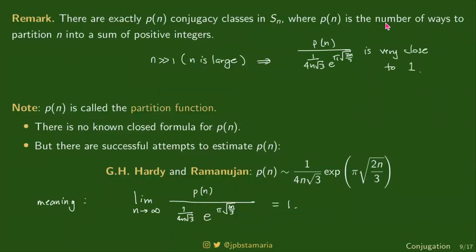Yan yung ibig sabihin ng notation na yan. Di ba kapag ang ratio ng dalawang number ay close to 1, ibig sabihin they are almost the same. Kasi kapag ang ratio equal sa 1, equal sila. Do you understand this formula?